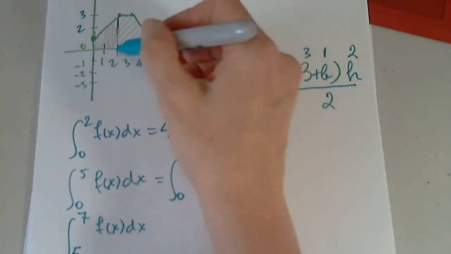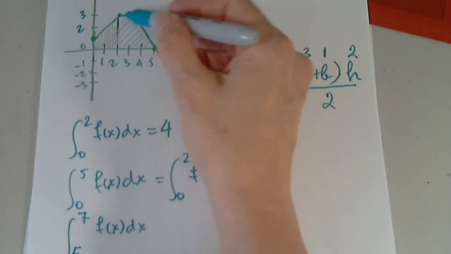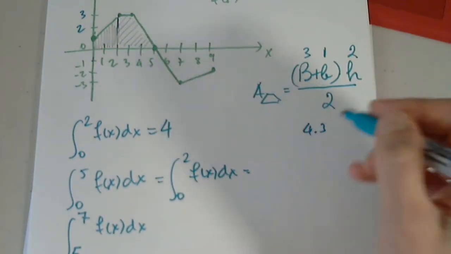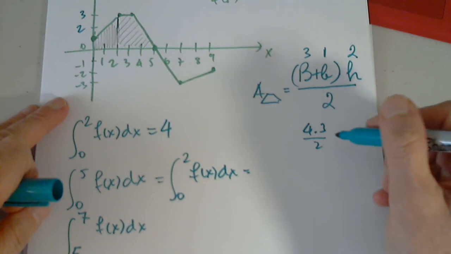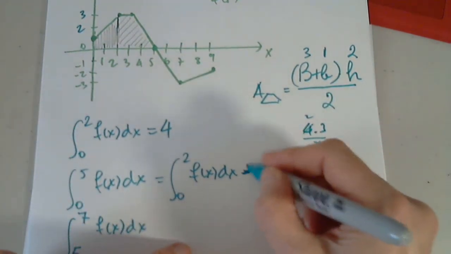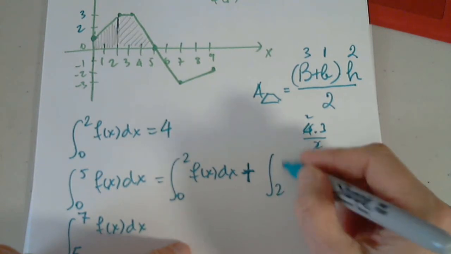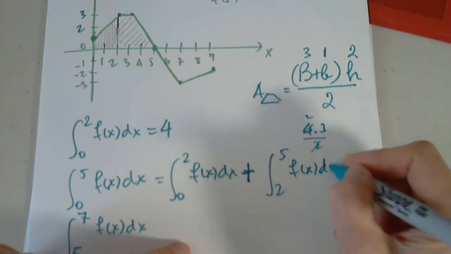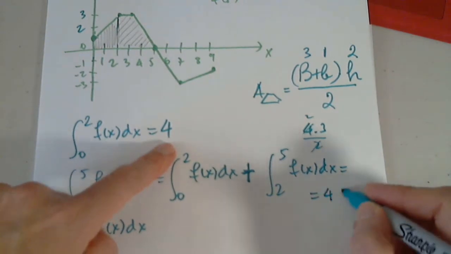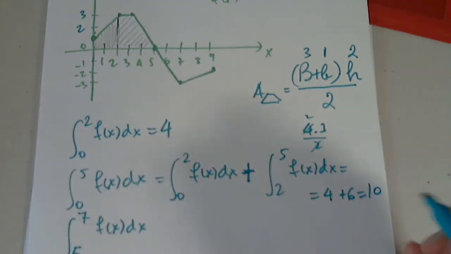Big base, 3, plus small base, 4, multiplied by 3, and divided by 2. So I'll simplify, and I get 6. So this is plus the integral from 2 to 5 of f of x dx. So this is the first, which is 4, plus the second one, which is 6. So the area is 10.